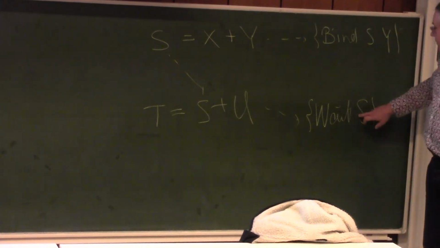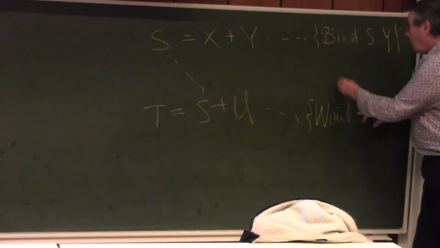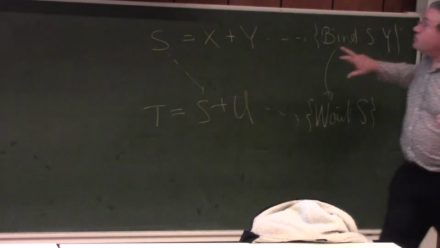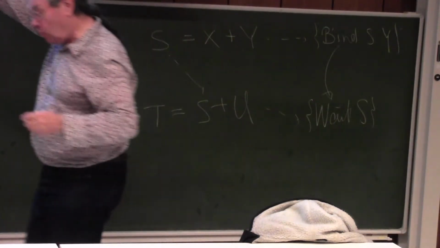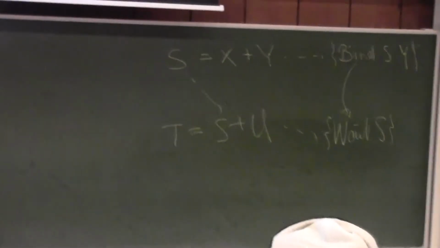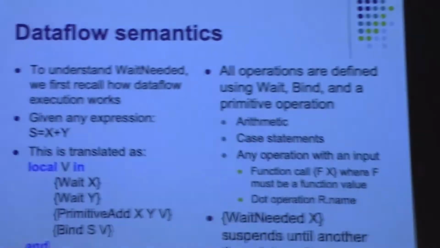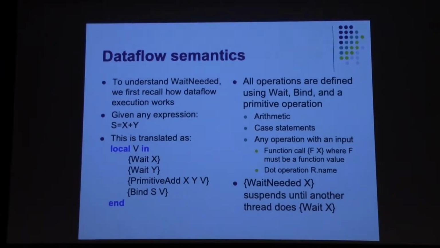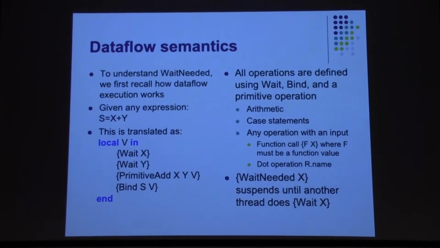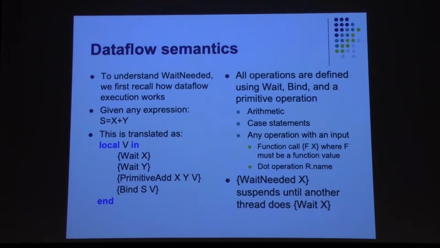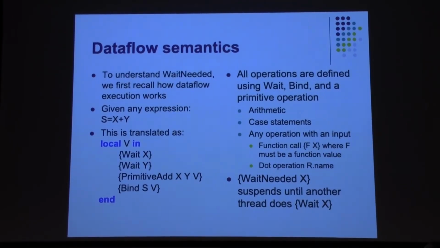So wait s will wait until somebody else, another thread, does bind. This is the regular deterministic data flow. So this is how it really works. Okay? Underneath, you have these two operations, wait and bind. And the operation wait will wait until s is bound to some kind of value.